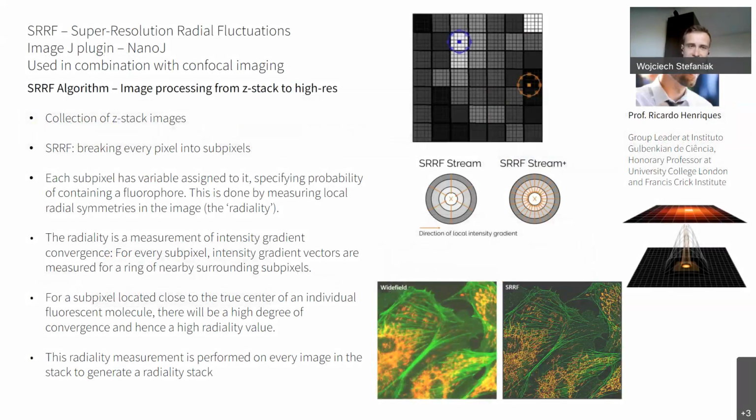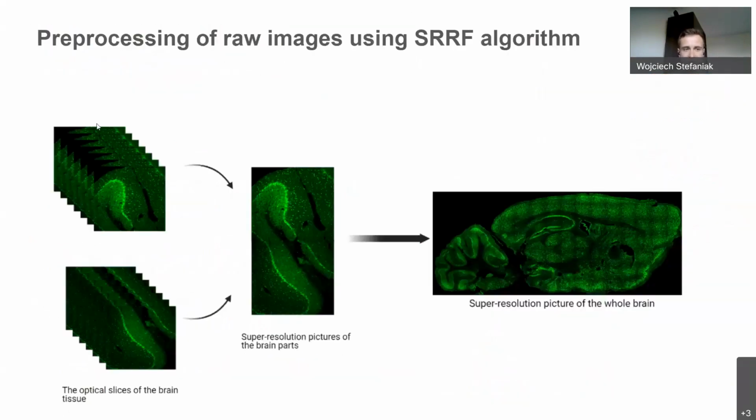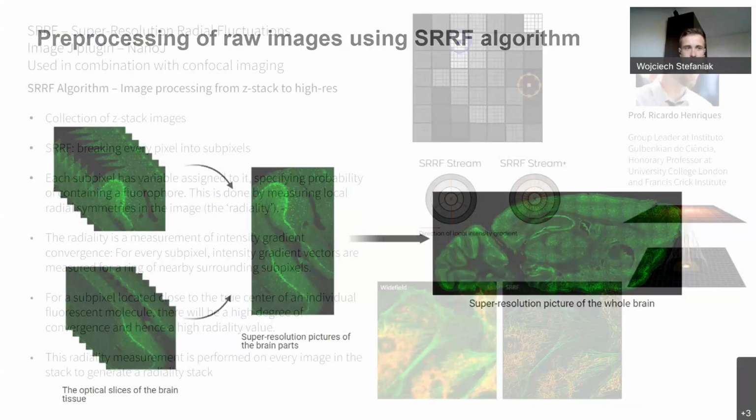I will not get into the details of this SURF algorithm, because I think that's not the case here. But to give a little bit of knowledge about it, we start with a Z-stack of high-resolution images. It looks like that because we have just an image on top of an image on top of an image, and we have about 100 images from one sample.